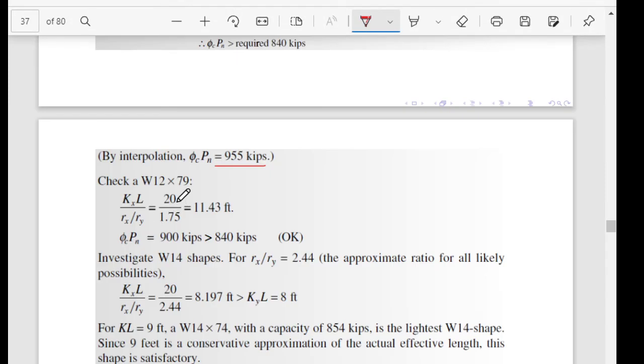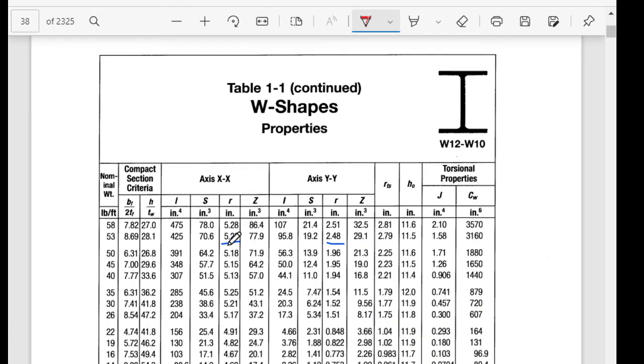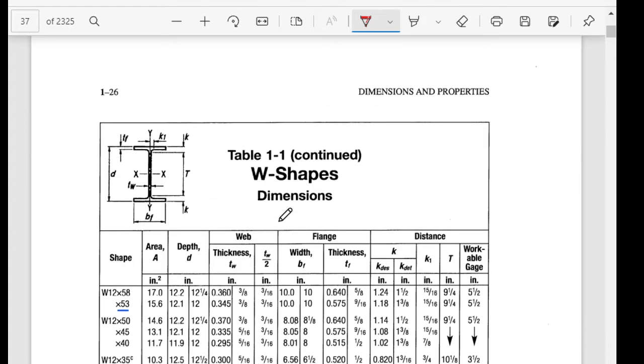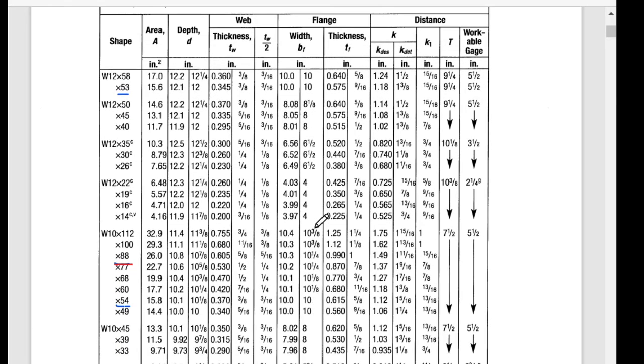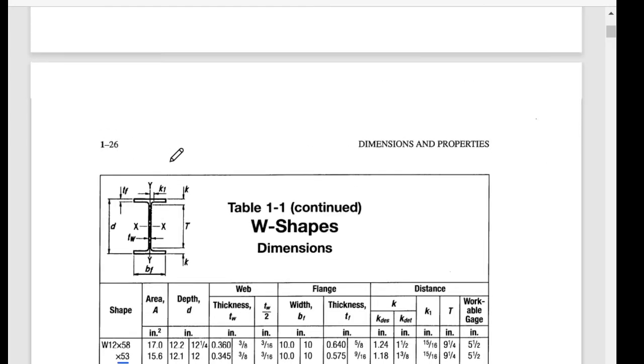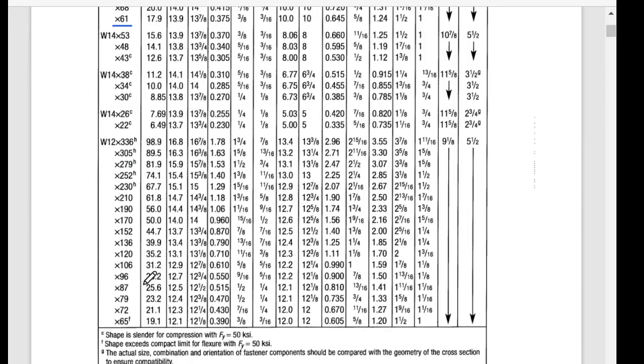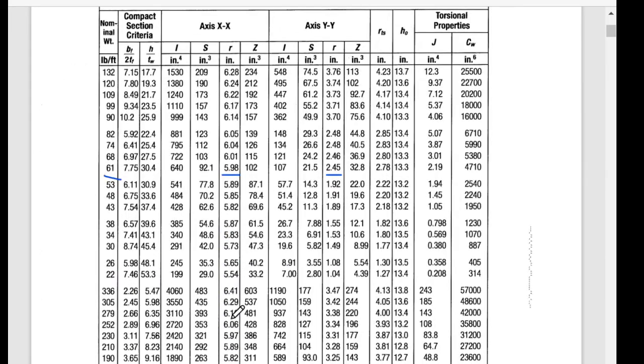So W12 by 79, tan-aw na pud nimo ang W12 by 79 sa katong isa ka table to get the value of your radius of gyration along x and along y, di ba? W12 by 79, this one. So wala kay radius diri siya sa ibabaw.